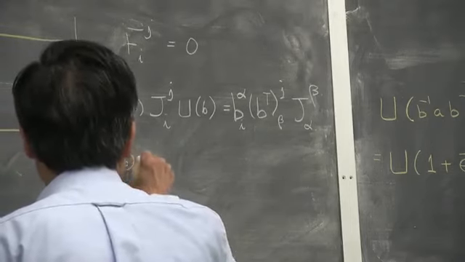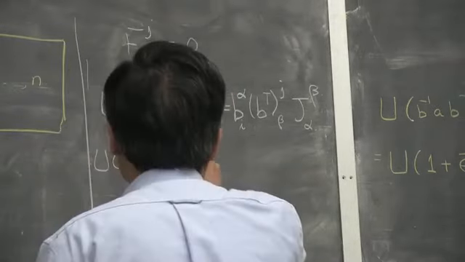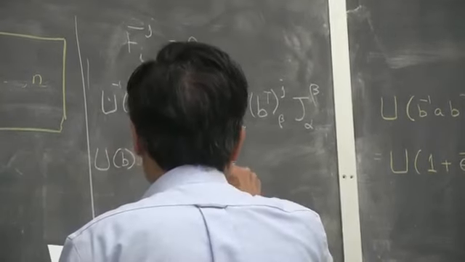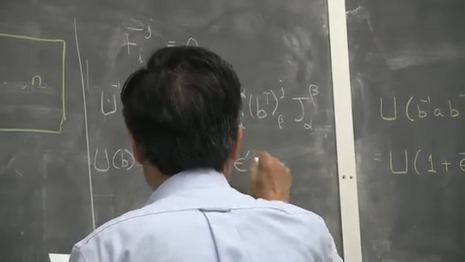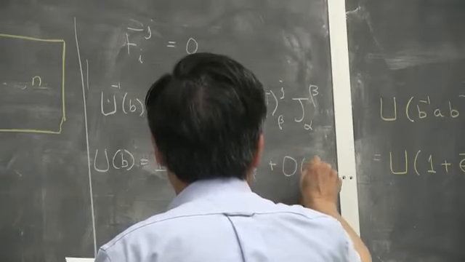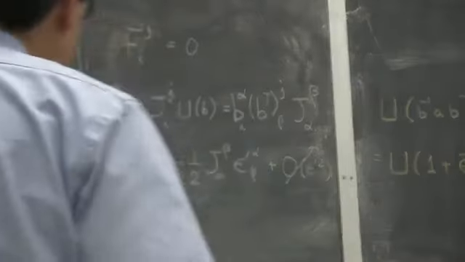The unitary representation for B must be the big N by big N identity matrix minus 1/2 the same J's, alpha beta, epsilon prime beta alpha, plus order of epsilon prime squared, which we are going to ignore.